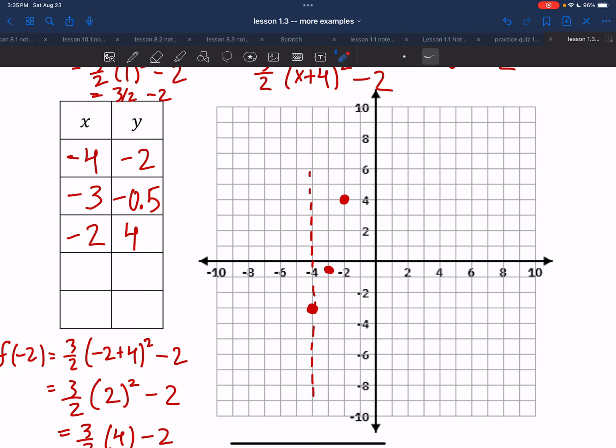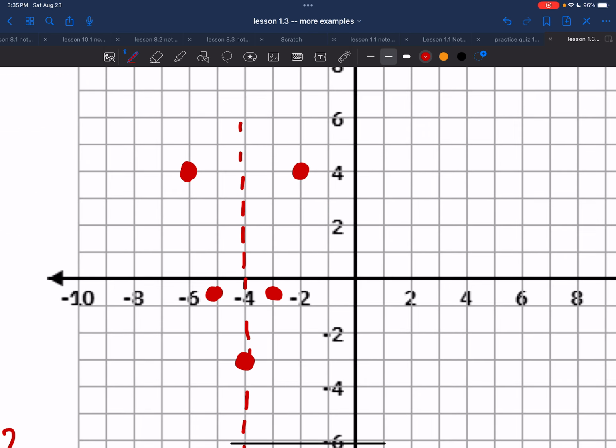Because if you recall, this point, -4, -2, was the vertex. And why I like that is because now that I have this axis of symmetry, I can simply mirror the points over, and this will get me basically the other side of the parabola. And so, ta-da, I've got all my points like this.